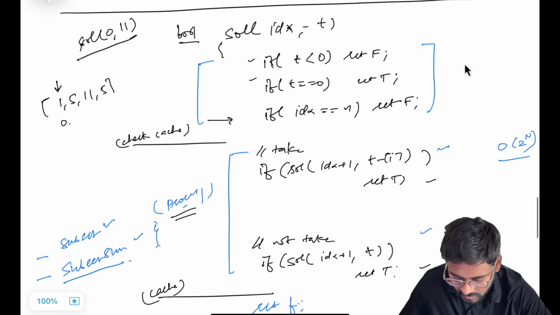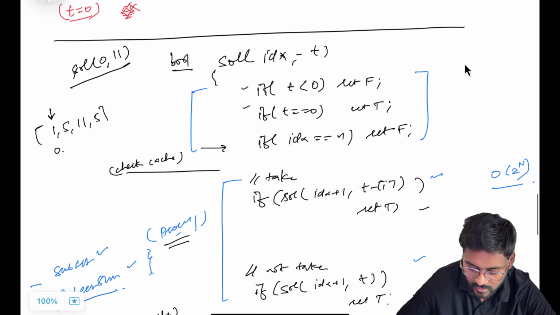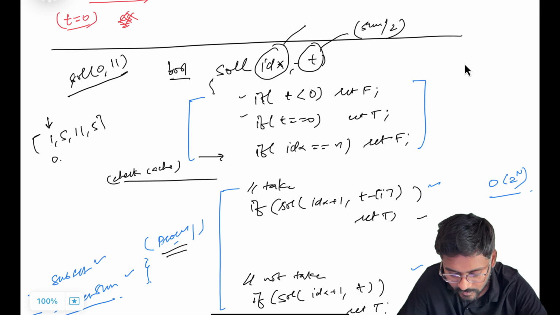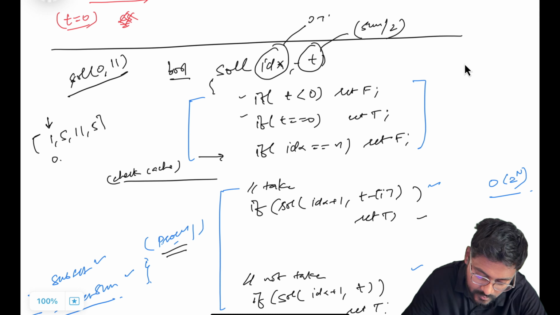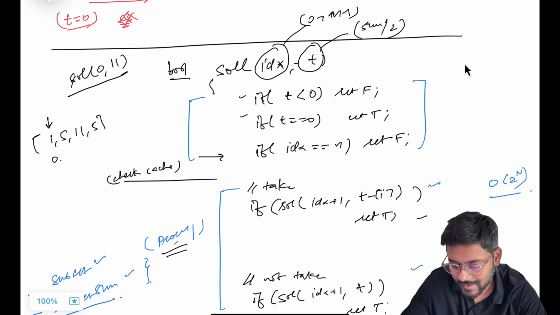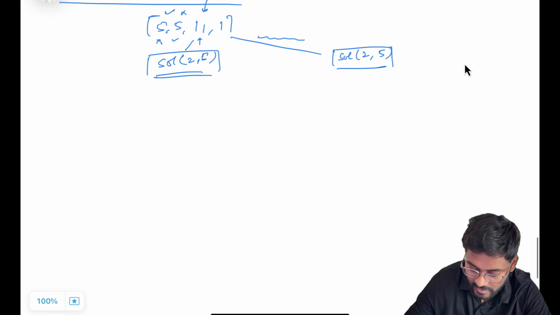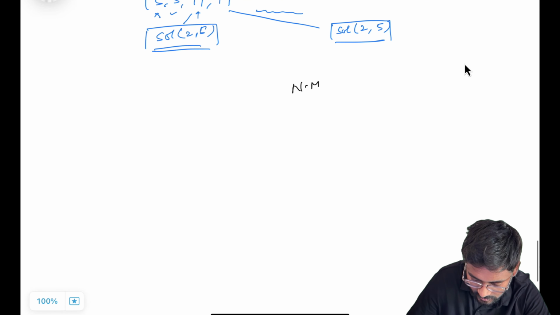Okay, so if we just cache every single call, my call is dependent on index and target value. Target value will go till sum divided by 2, and index value will go 0 to n minus 1. So let's say we have n elements, or m can be the target. Then the time complexity is now reduced to n into m.